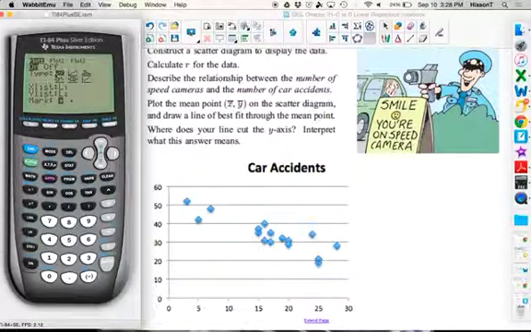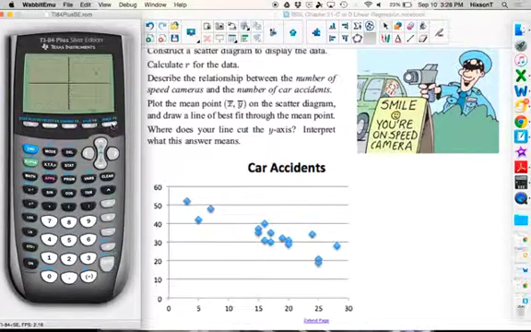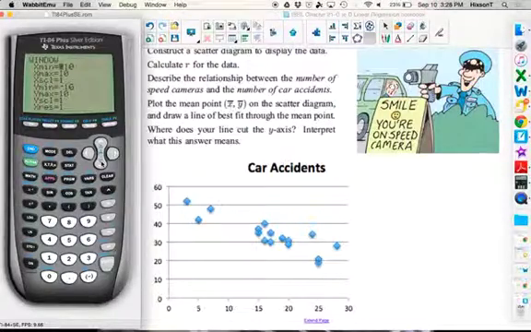And notice here's just a scatter plot. X list is L1, Y list is L2. And now if we go to graph that, I need to make sure my window is set so they'll all show up. So you can see here we're going to go X from 0 to 30.